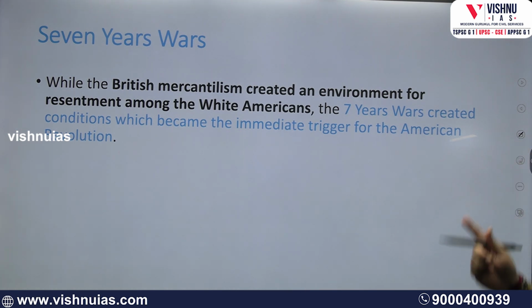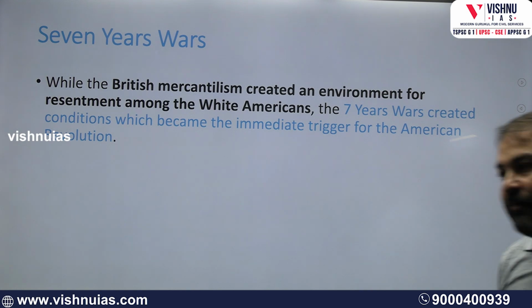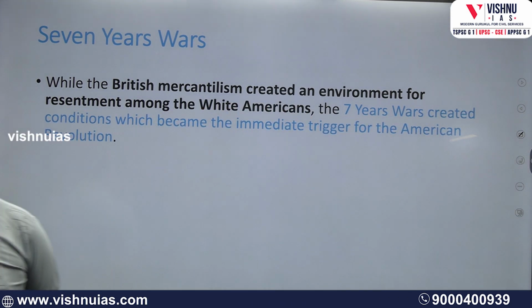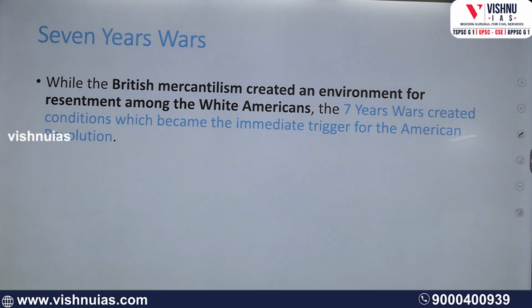You cannot use anybody else's ship. So all such rules were already there, which had made the Americans very unhappy. But this 7-year war will be the immediate trigger. Remember who is the Prime Minister during this time? It is William Pitt. You have to remember this much. Still, anyone having any query till this point? This is all your background of American War of Independence.